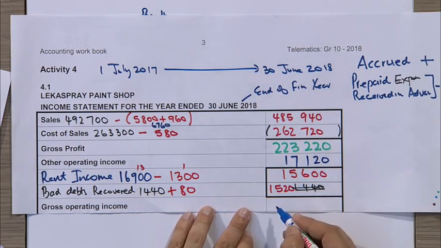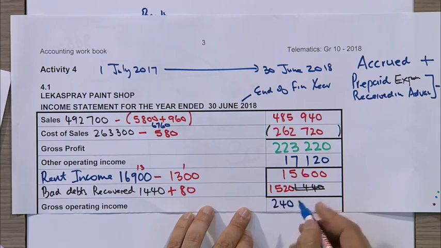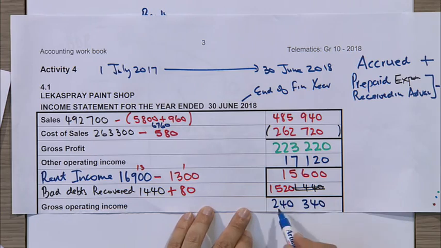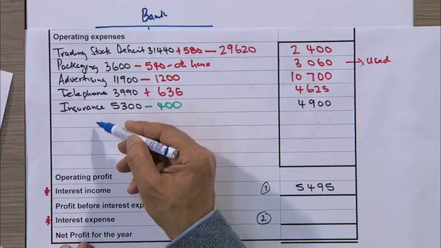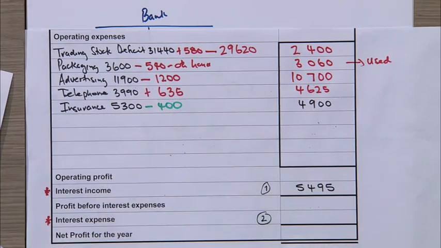So I can get the total of the gross income, which will be 240,340. So I've got 240,340 as the total of my gross income. So that one is done. So then we just have to look at the other part of the income statement. Then we just have to look at which items we must still adjust, and then we'll be done.